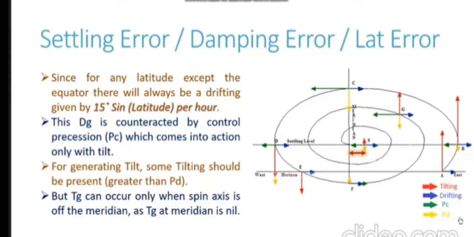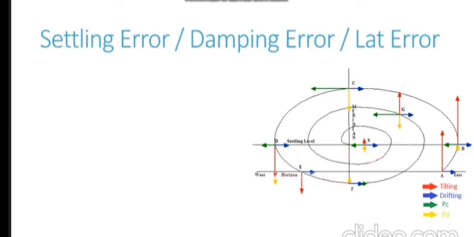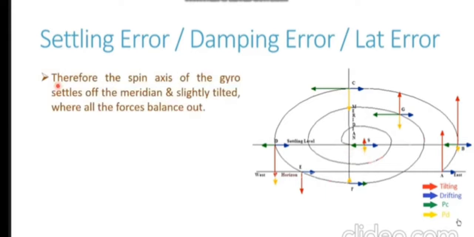So we need some azimuth for tilting to be present. Now since some azimuth is required, because of this reason, the spin axis of the gyro settles off the meridian and slightly tilted, where all the forces balance out.